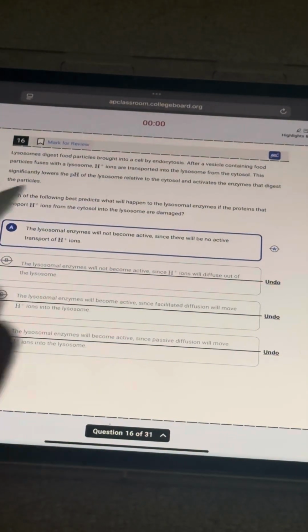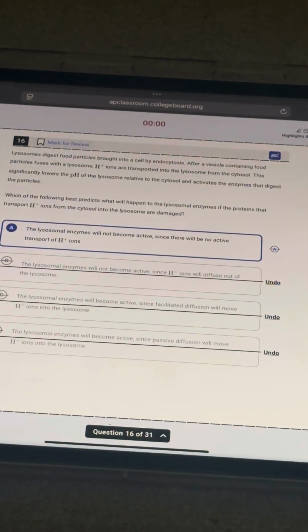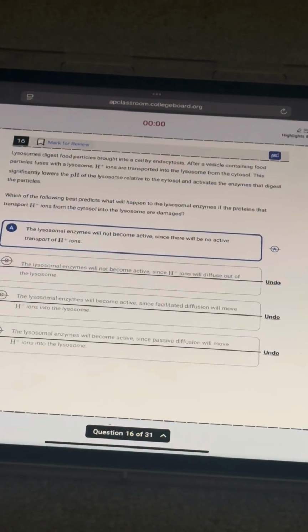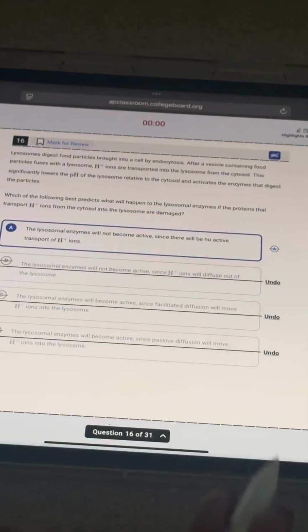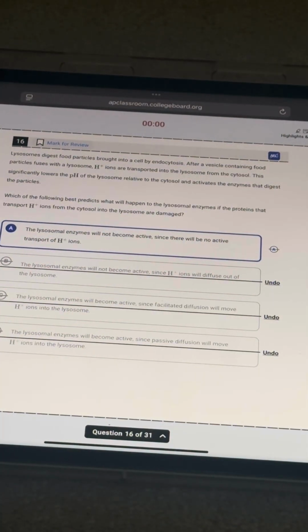If the proteins that transport H plus ions from the cytosol into the lysosome are damaged, what will happen to these enzymes, the food particle digesters? Like, what will happen to that?